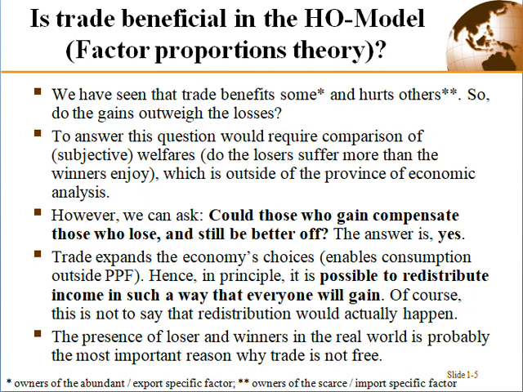However, we ask the question: if these two countries enter into international trade and country A gains whereas country B loses, does the gain of country A, if they were to pay country B for their losses, offset those losses and still leave them better off?